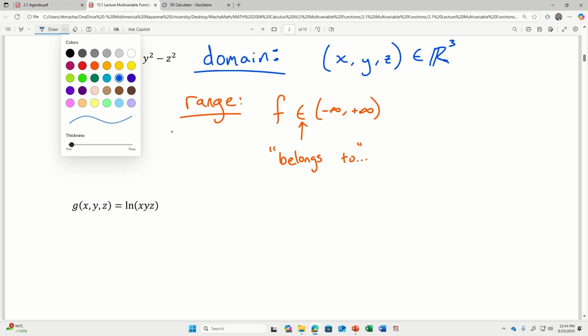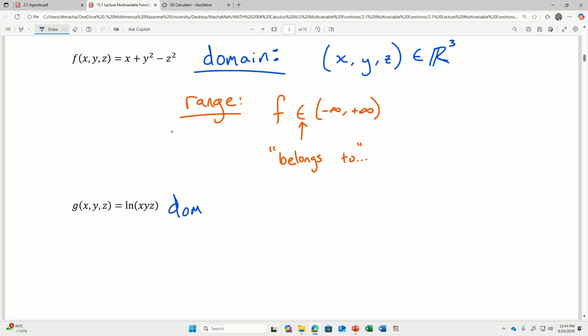Okay, what about this one? What's my domain for the natural log of X times Y times Z? It can't be 0. It's true. So I'm talking about the set of all coordinate triplets such that X times Y times Z has to be greater than 0. Yep.